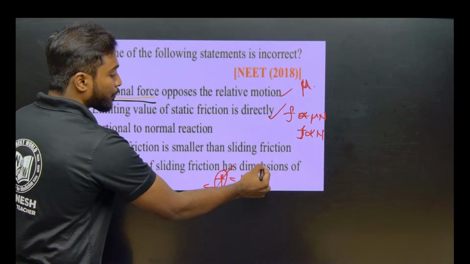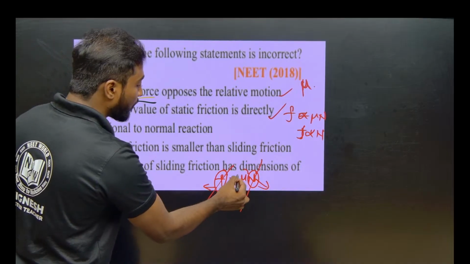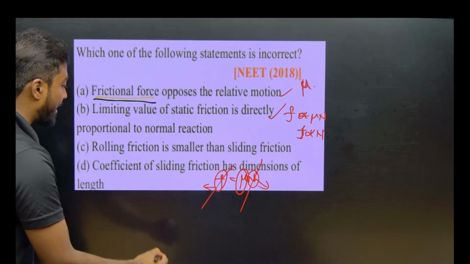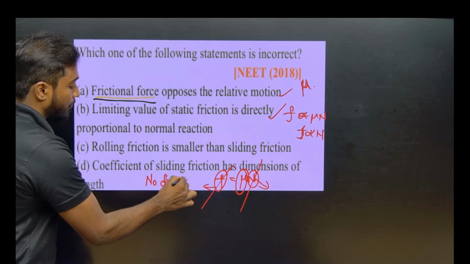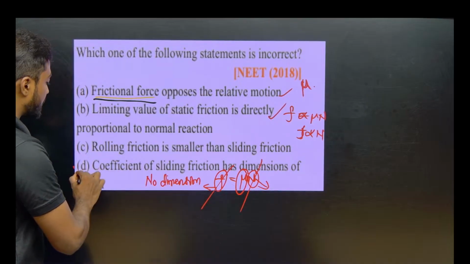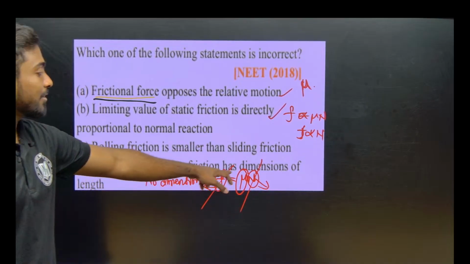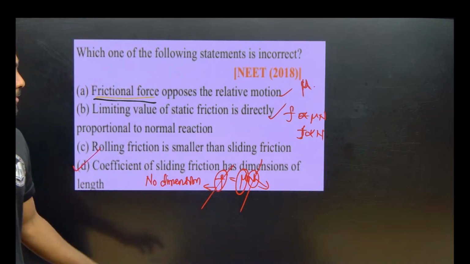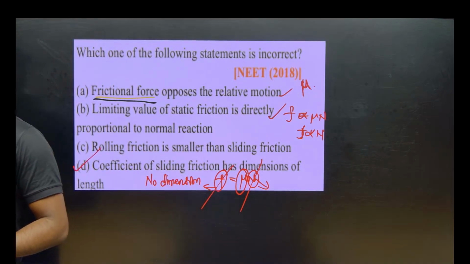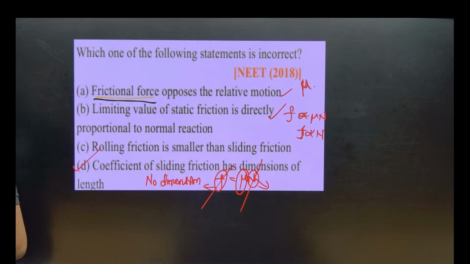If force and force get cancelled out, what will be the dimension for mu? It has no dimension. So this is the correct answer. They are saying the coefficient of sliding friction has dimension, but it has no dimension, right? Go for the next question.